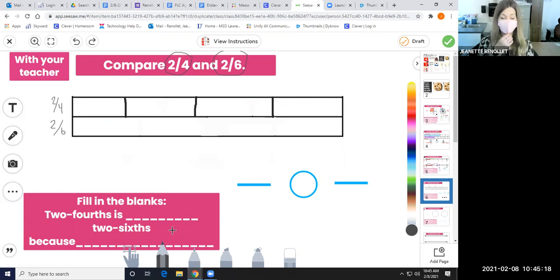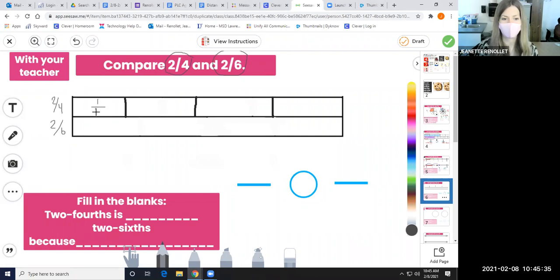After we partition into 4 equal parts, we want to label the unit fraction. My denominator is 4. My numerator for every unit fraction is 1.